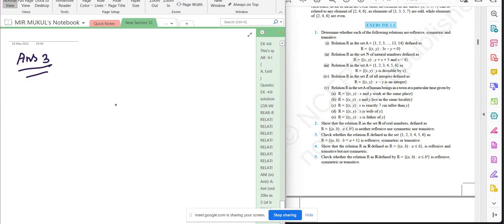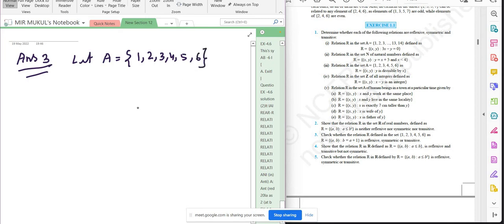So R is defined on set A, where A equals {1, 2, 3, 4, 5, 6}, and R equals {(a, b) such that b equals a plus 1}.